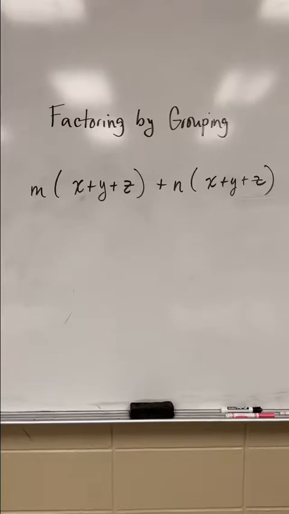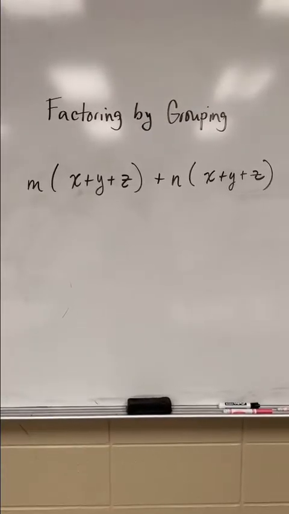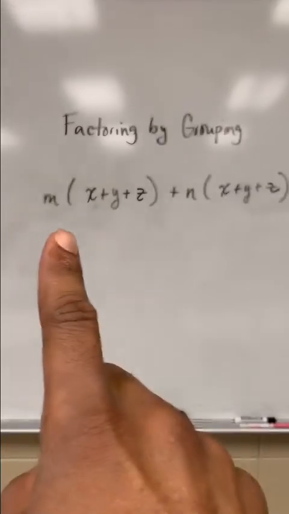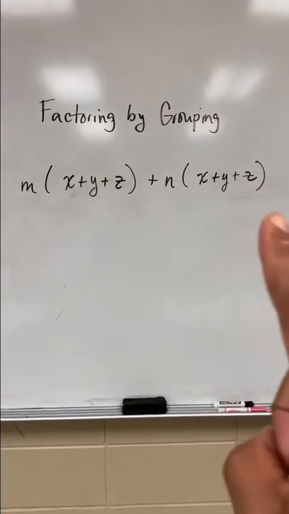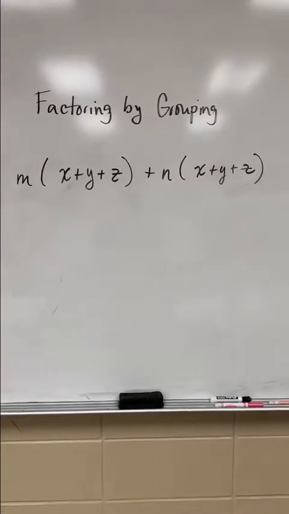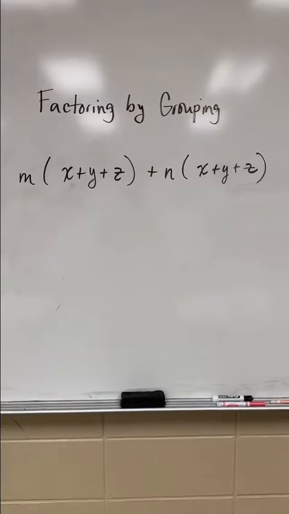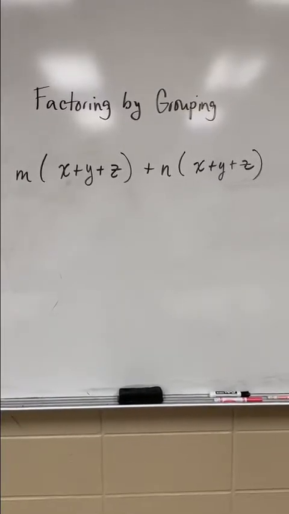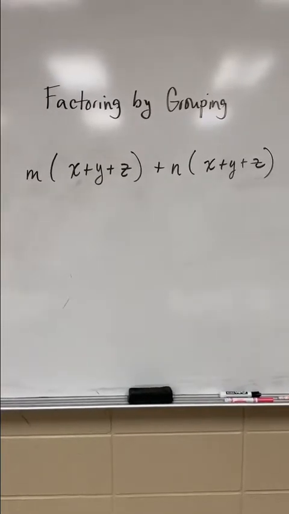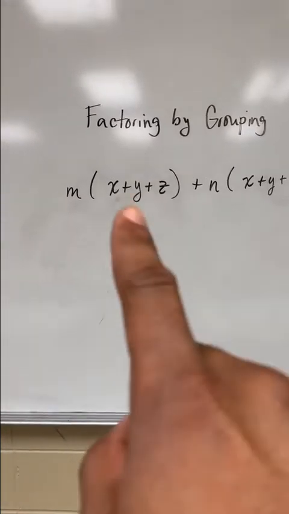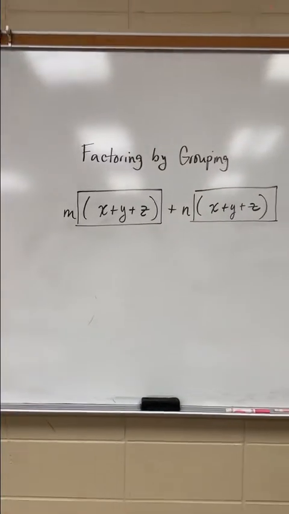All right, so I have another example just to make sure we understand the basics of what's going on here. I've got M times x plus y plus z. Then I have N times x plus y plus z. So which one represents your box and which one represents what sits outside of the box? If we pay attention to the way I set up those boxes earlier, these will be my boxes.